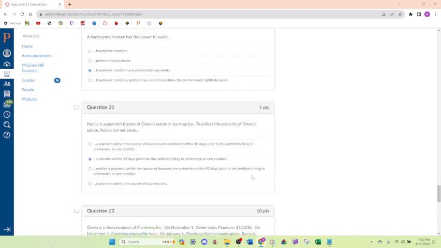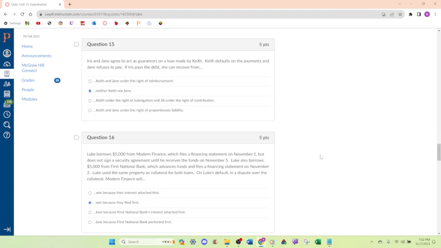The one with Iris here says agree to act as guarantors on a loan made by Keith. It doesn't say equal proportions, it just says they're both guarantors.